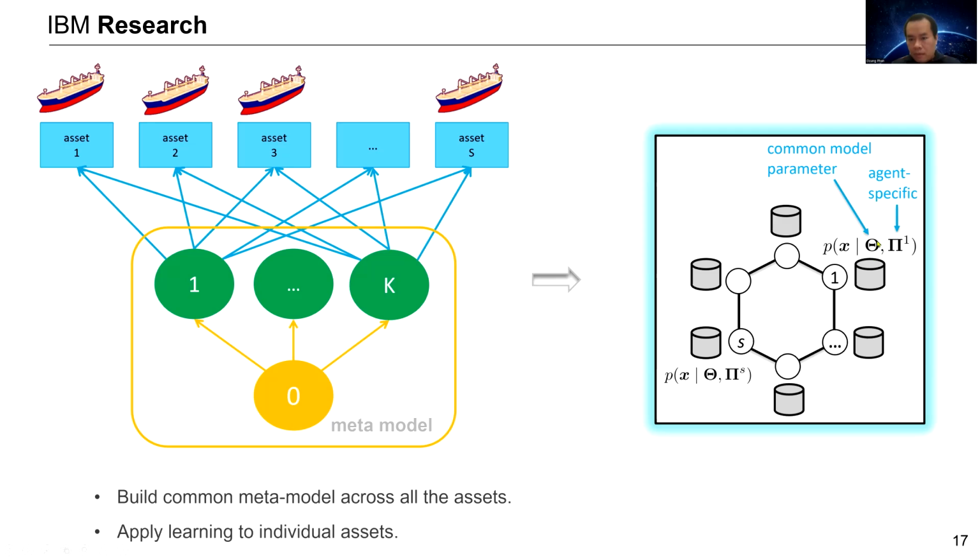So we can think of this as the common model parameter, that is, the graphical models, and this is the weight for each asset, which is asset specific. So we can learn a model for each asset by taking a combination from the common model parameter.